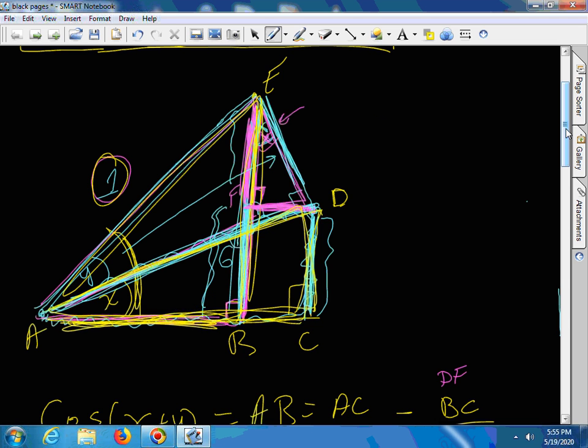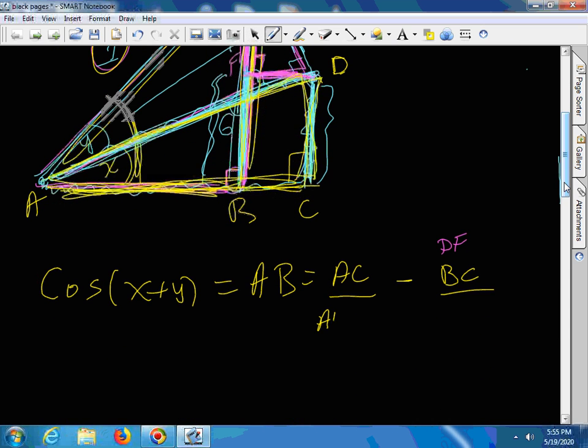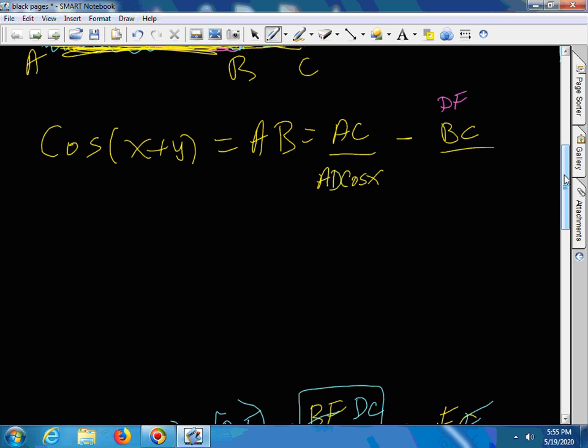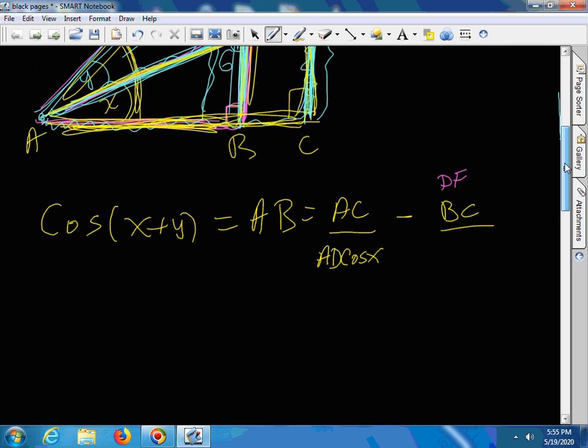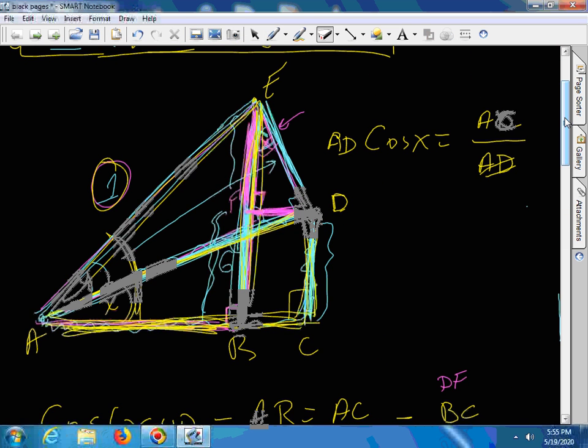And AC, well, if you take the cosine of x, you get AC divided by the hypotenuse. That is, AC is AD cosine x. And while we're at it, let's find out what AD is. I think we already had that.